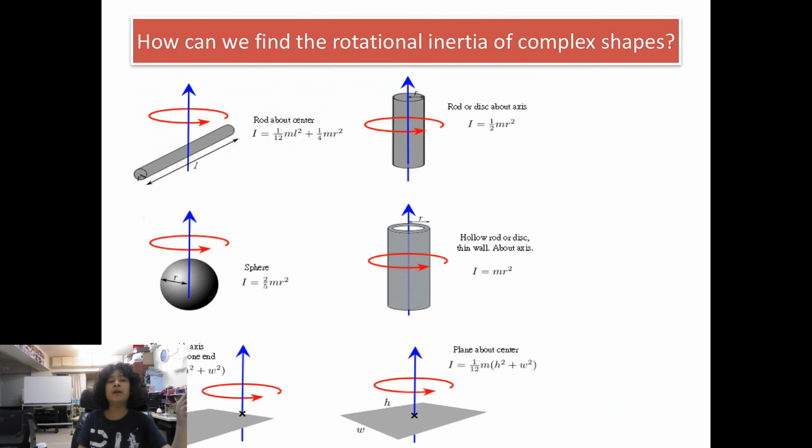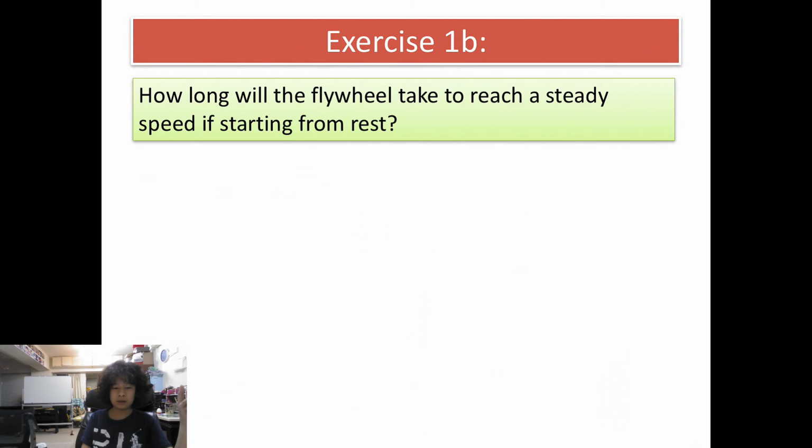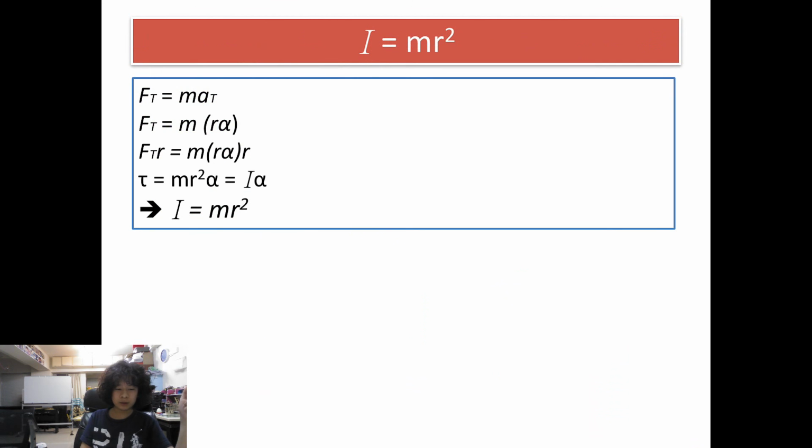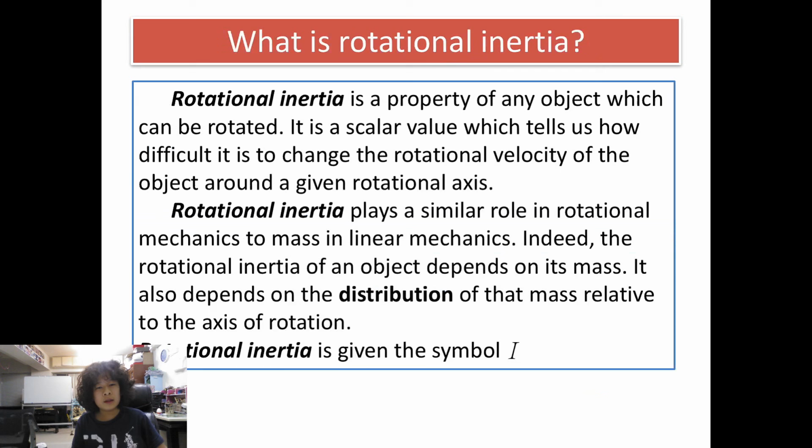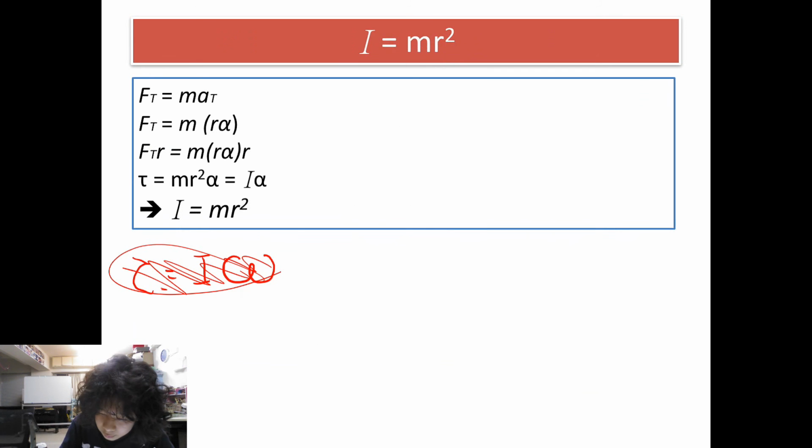I also have to tell you another thing: that tau right here equals I alpha. Wait, no, L. Okay, sorry, I'm wrong.